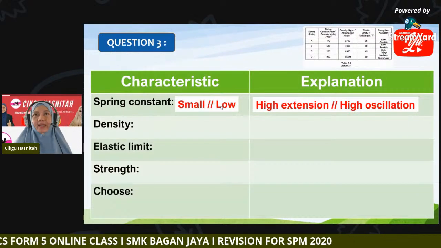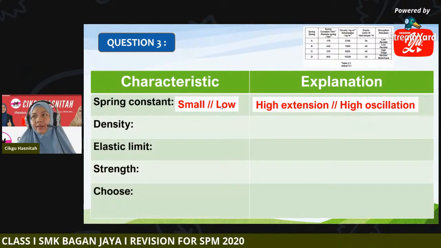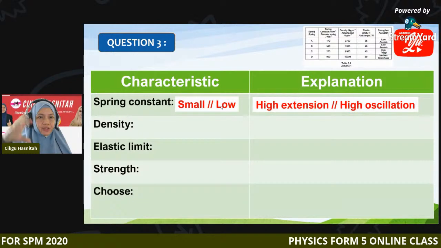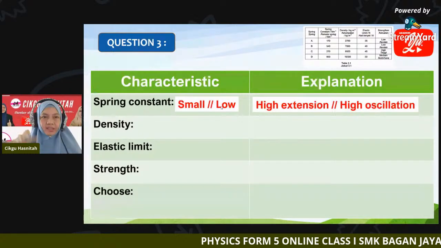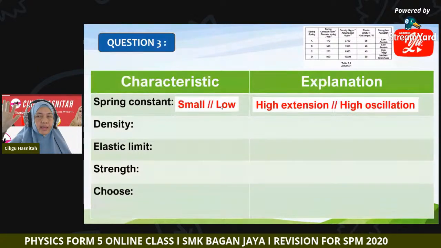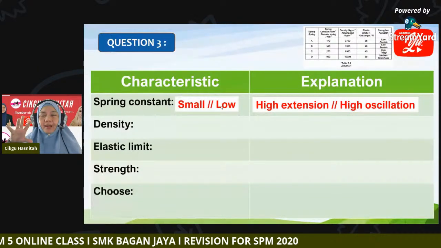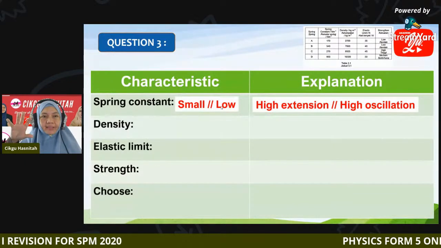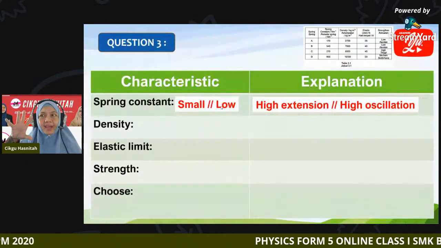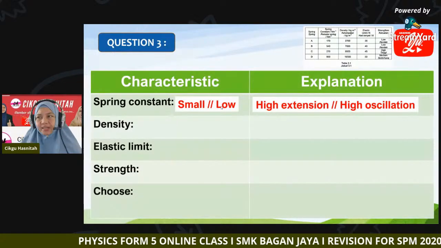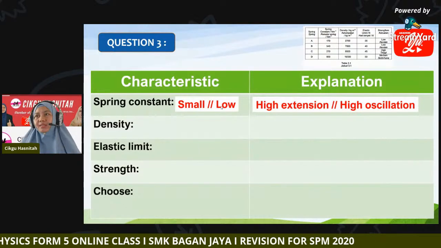So that we can have a high extension or high oscillation, so the cradle can oscillate easily. Remember, a spring with a low spring constant means the spring is less stiff, so it can have a better oscillation. This is for the first characteristic.